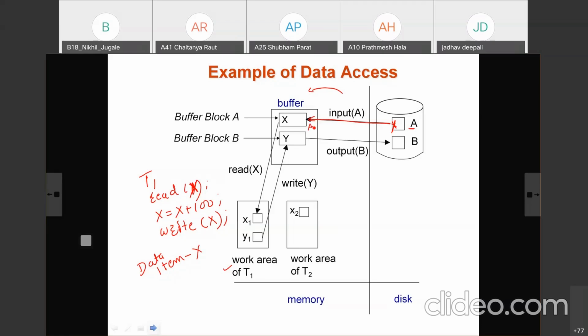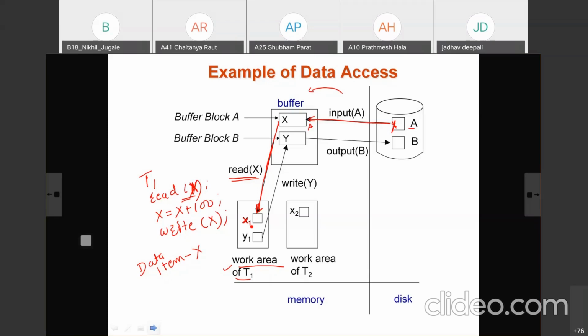Now it is in the main memory buffer, and it needs to be transferred from this buffer to the local area, or work area, of transaction T1. For that the instruction is read X. When this instruction is executed by the transaction, X is transferred from the buffer to the work area of transaction T1 as a local variable X1.